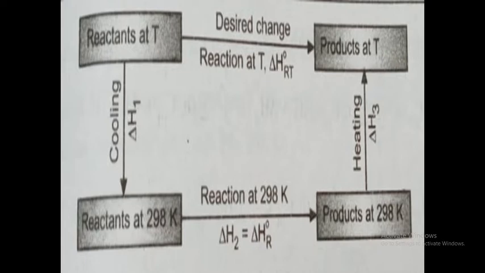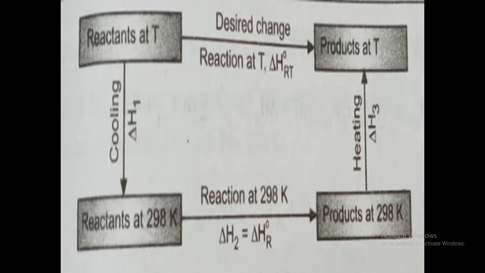Temperature 298 Kelvin, pressure 0.1 megapascal. Step number 3, products are heated from 298 Kelvin to temperature capital T. During this process, the enthalpy change is delta H3.